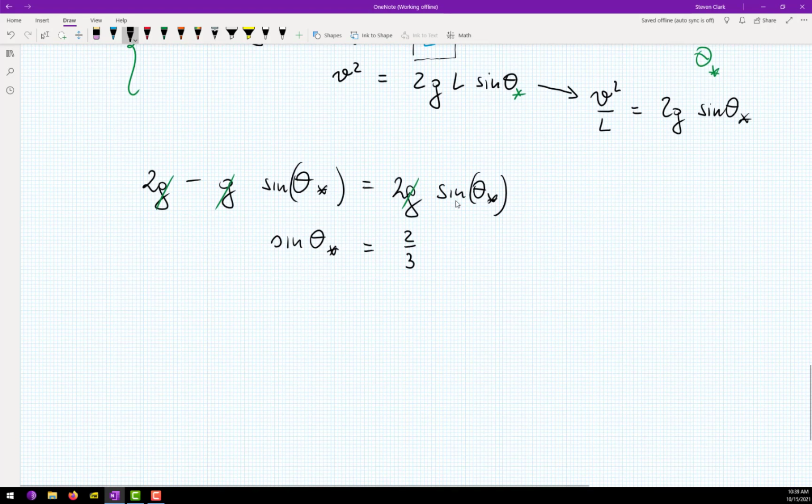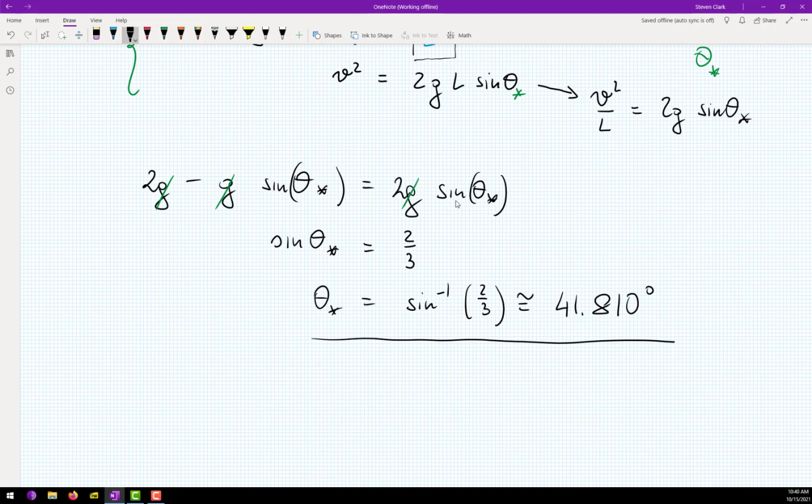So our theta star is arc sine of 2/3. Grab your calculators and obtain that this is approximately 41.810 degrees. This is the answer.